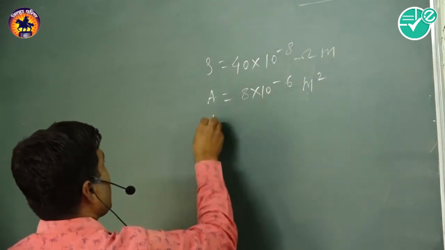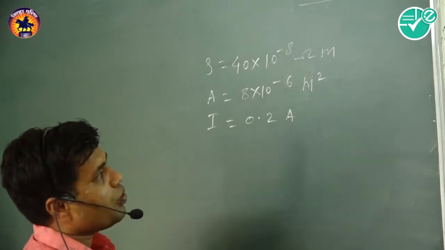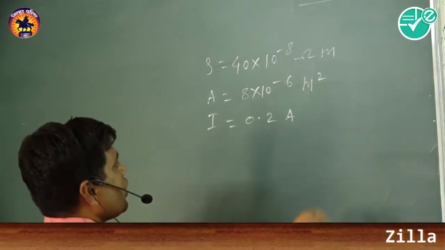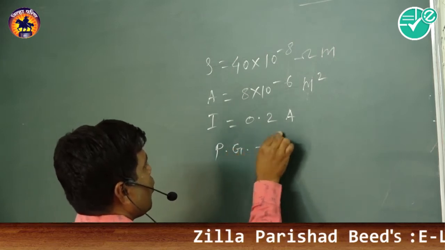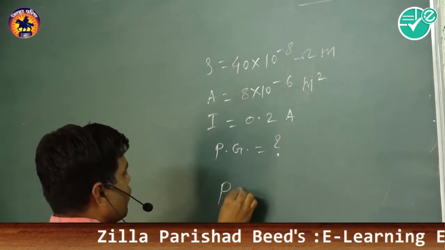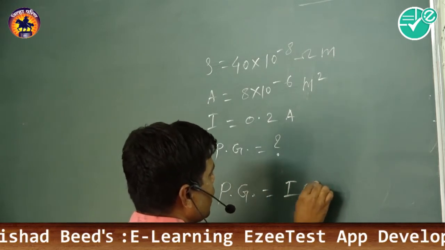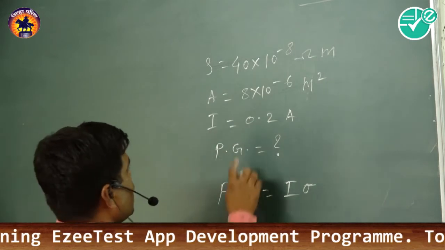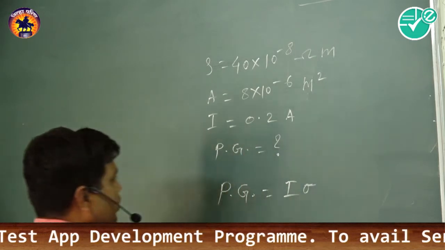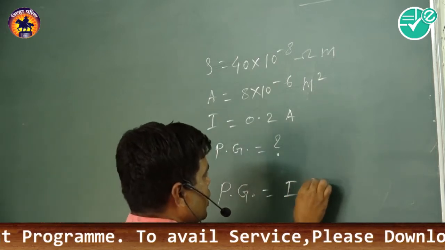The current flowing through the wire is 0.2 ampere. So we have to calculate the PG, potential gradient. What is the formula for potential gradient? As we know, I into sigma is the potential gradient. Here I is given, but what is sigma? Sigma is the resistance per unit length.